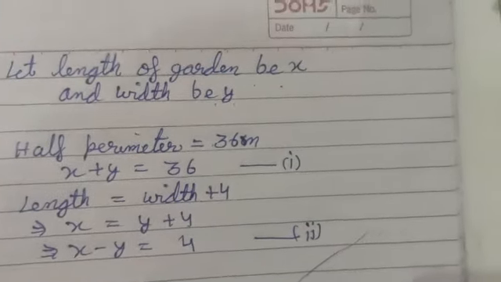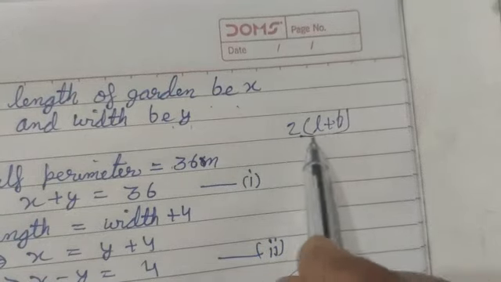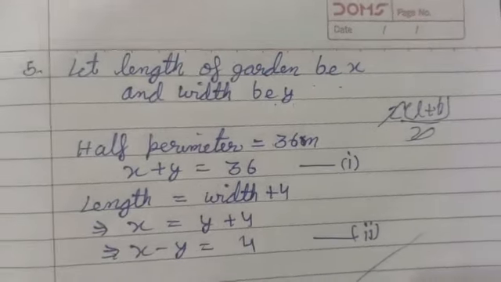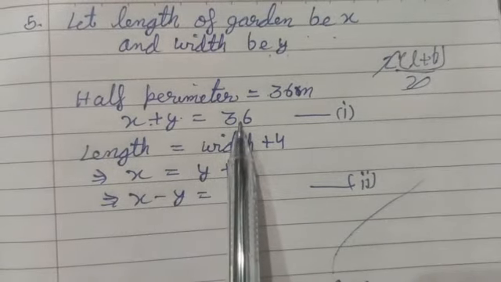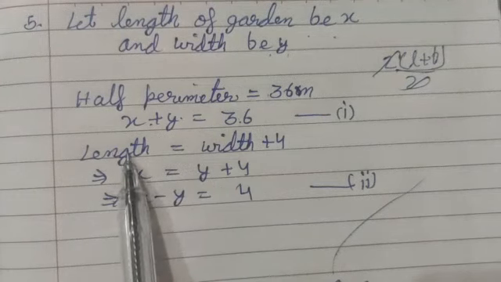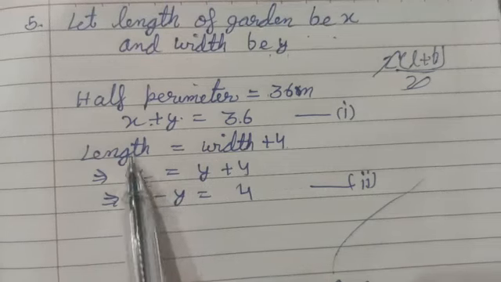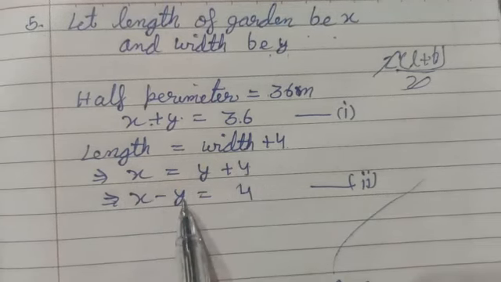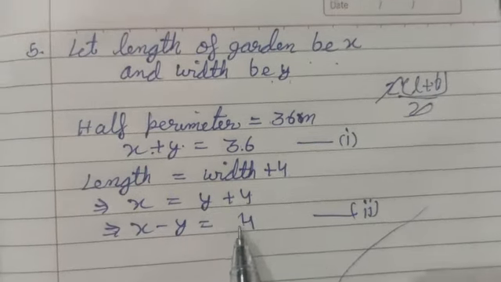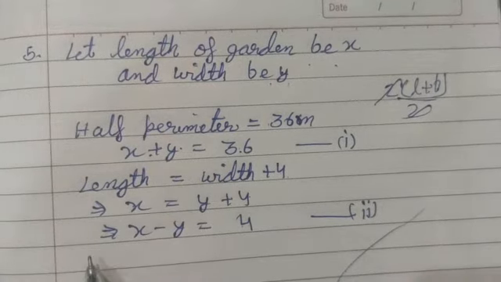You know that perimeter of a rectangle is 2 into L plus B. Half perimeter will be L plus B, and here L is x and B is y. So x plus y is equal to 36. Now it is also saying that length is 4 more than the width. Length is equal to width plus 4. Length was x and width we have taken as y, so length equals y plus 4. Now this will give us x minus y equal to 4. Now we have to solve it graphically, so you can solve it yourself.